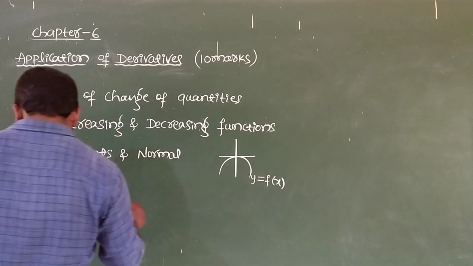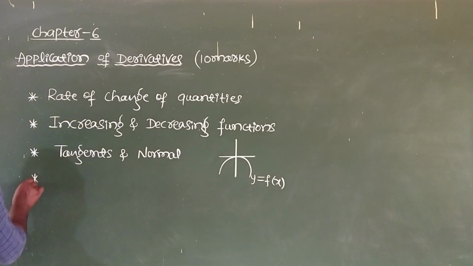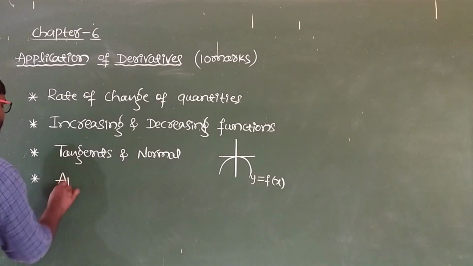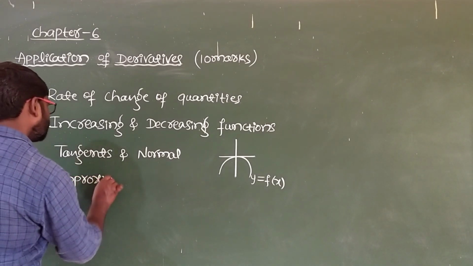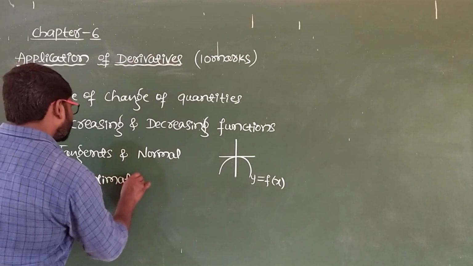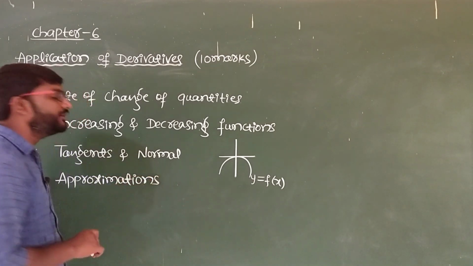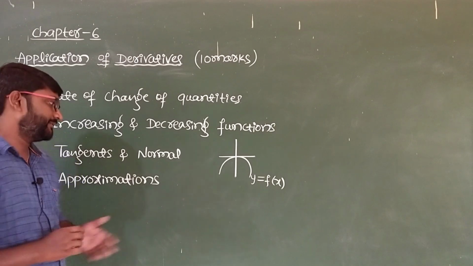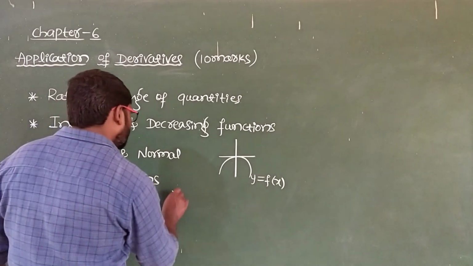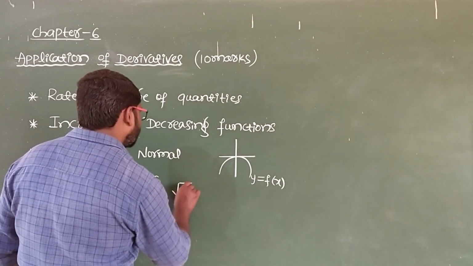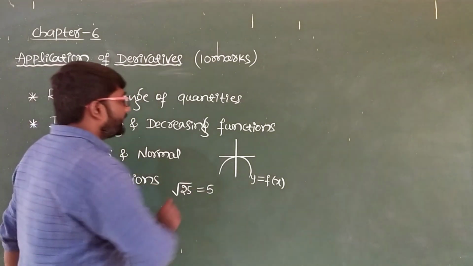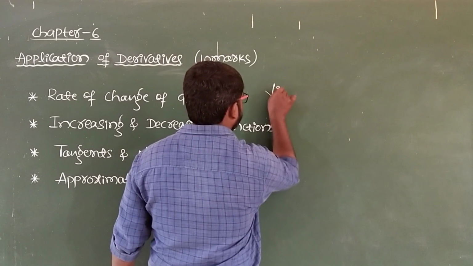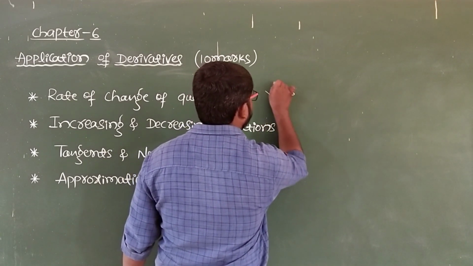And then the next one is approximations. Here also we will be using the concept of differentiation. For example, you know the value of root 25, it is 5. Then what is the value of square root of 25.6?